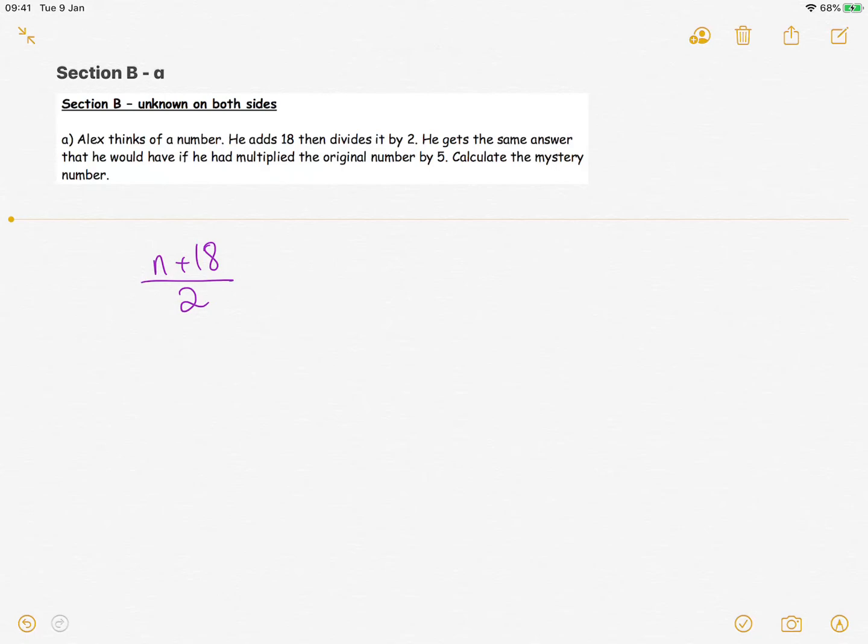So he gets the same number that he would have if he multiplied the original number by 5. That means the original number that he's thought of becomes 5n, because he's multiplying that original number by 5.